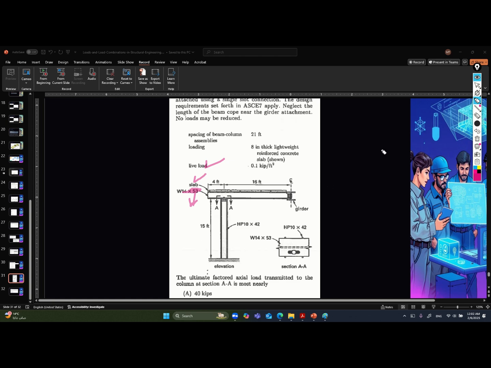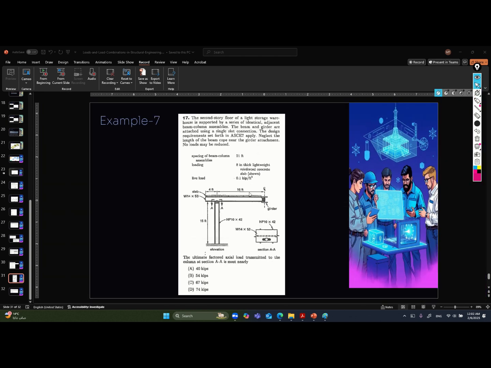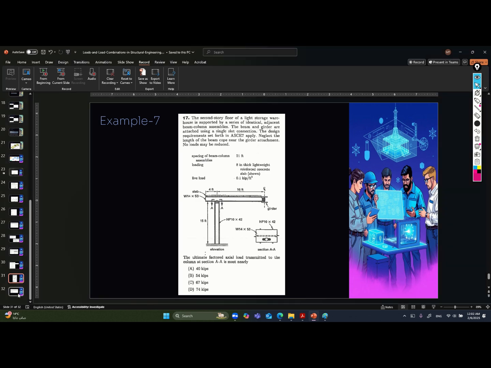Okay, and after considering it, here it tells you the ultimate factored axial load. So you will consider the case 1.2 dead plus 1.6 live, or 1.4 dead load, whichever is the maximum, and you will choose it. Okay, that is a very important question.